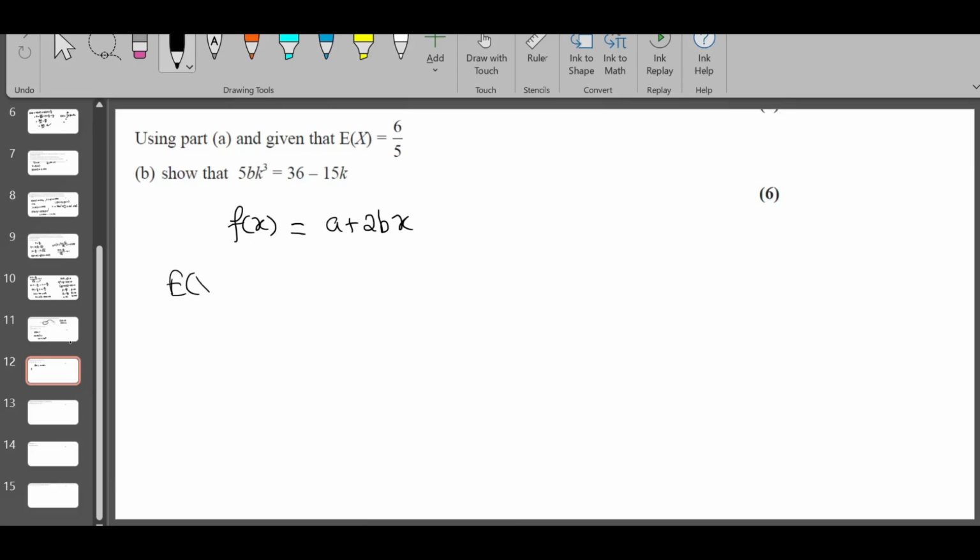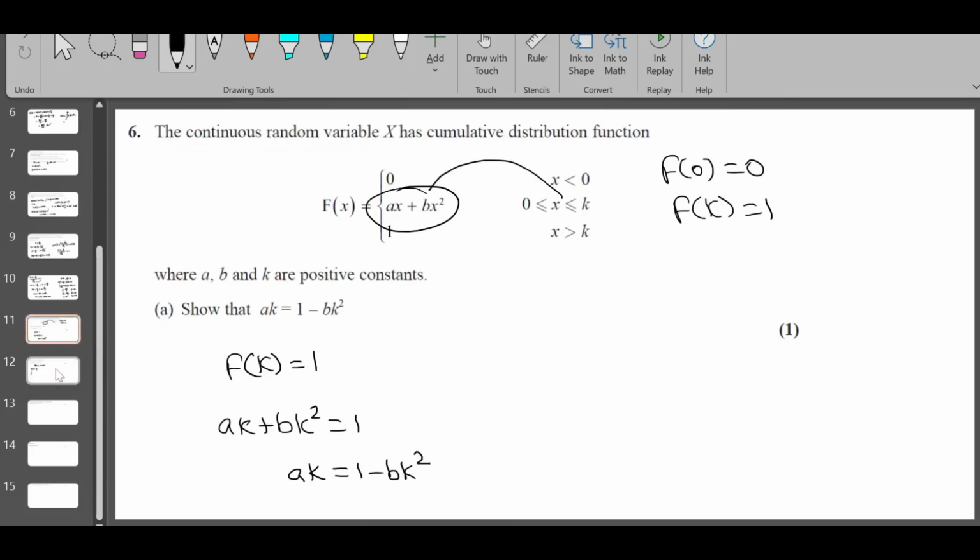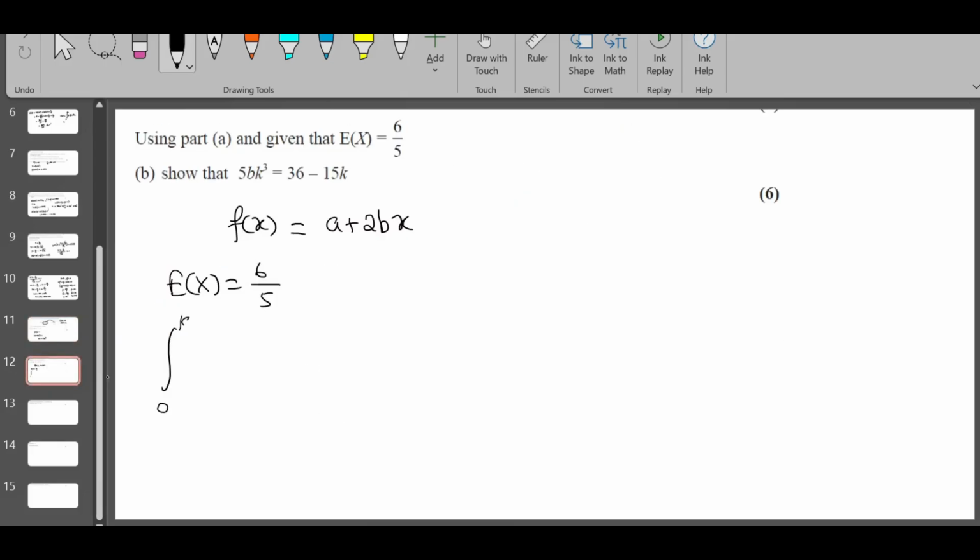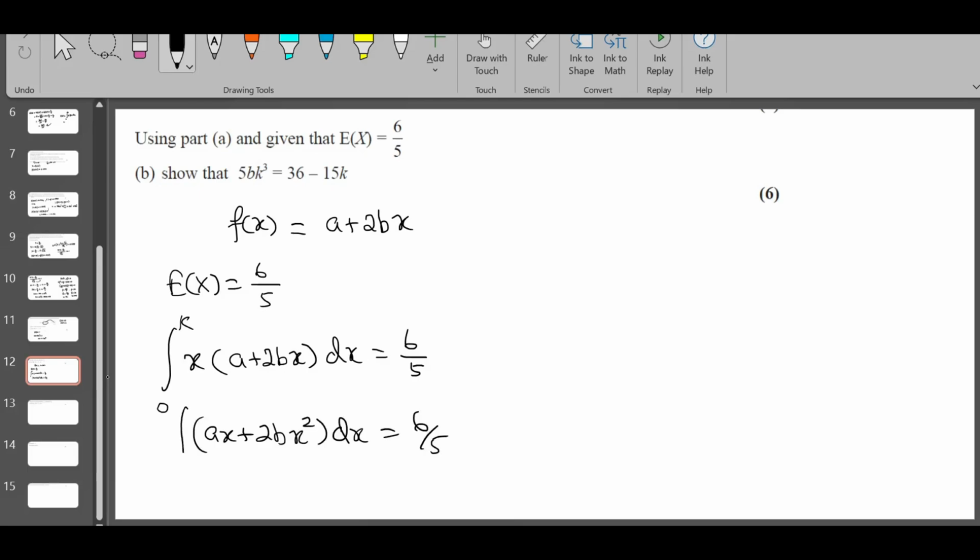So E of x is 6 over 5. So integral, the limit is 0 to k, x times f of x dx is 6 over 5. It's ax plus 2bx squared dx is 6 over 5, right? So 6 mark question actually.